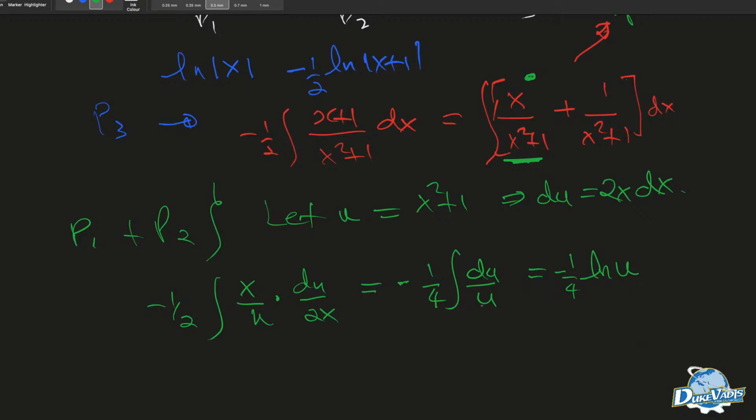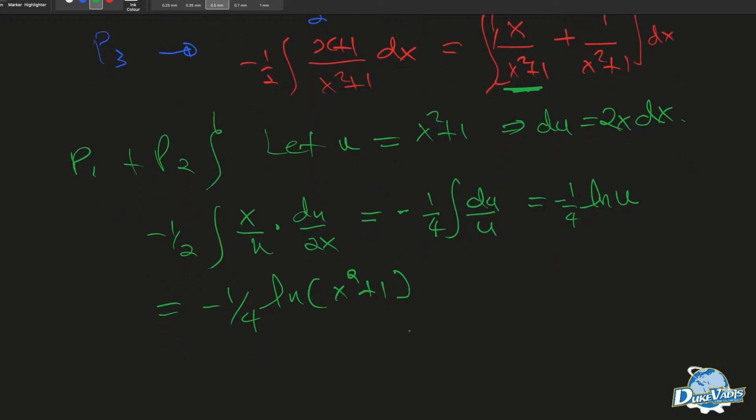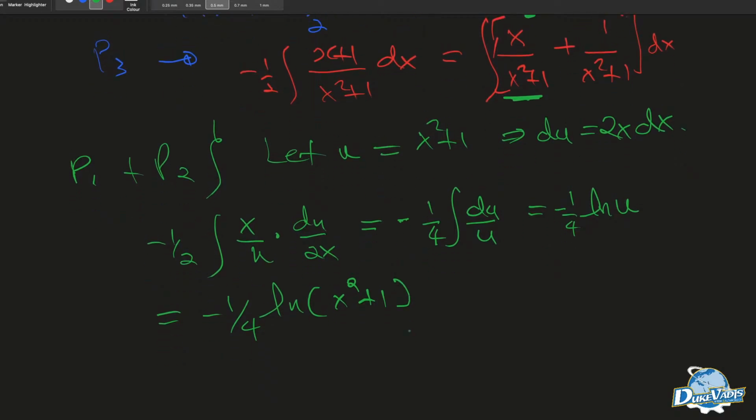But our u is x squared plus 1, so x squared plus 1 is what we get for that. So now we are able to solve this one as well. So this is the answer to this integral.